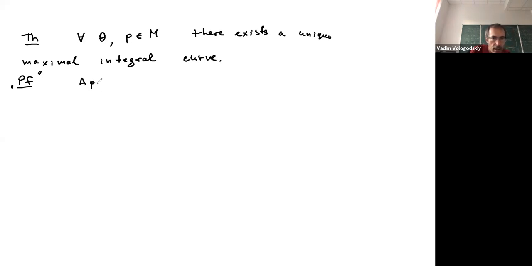Applying the main theorem in ordinary differential equations to local charts.